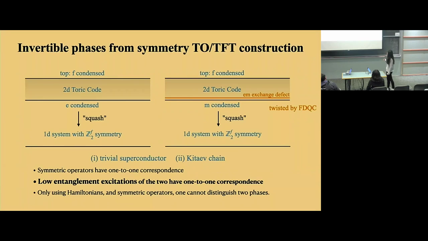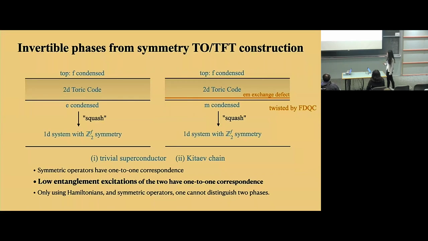Because we know that on this right-hand side, we get this bottom boundary condition by acting with a 2D finite depth quantum circuit only, so it does only non-trivial things on the bottom boundary. Then whatever symmetric operators I care about in this left trivial superconductor, I can create by some local operators only near this bottom boundary. Then through this finite depth local unitary, they also become some other operators near the bottom boundary, near this twisted boundary condition.